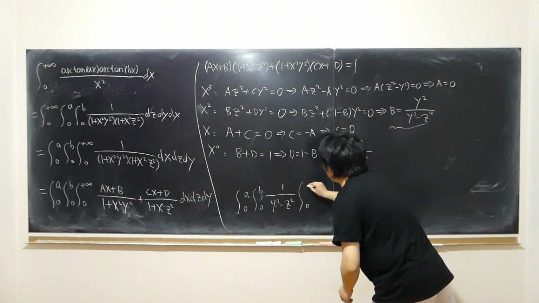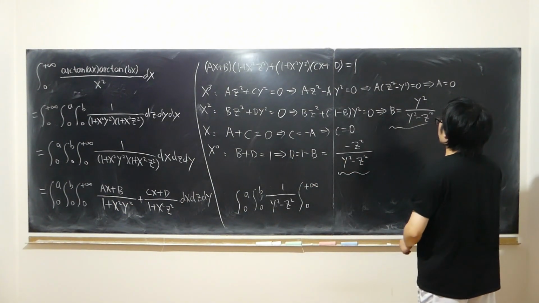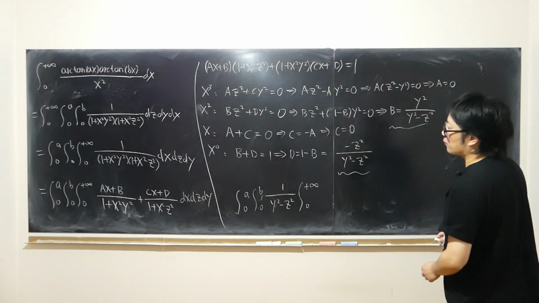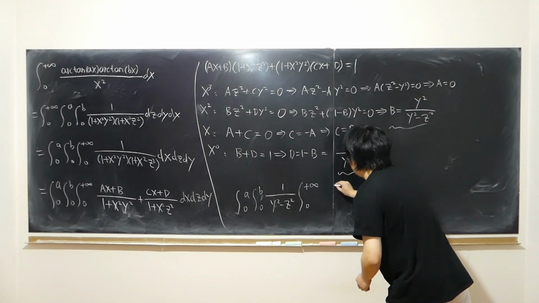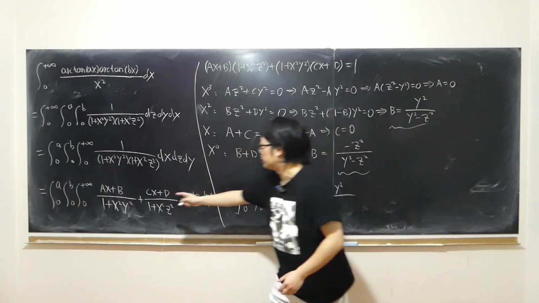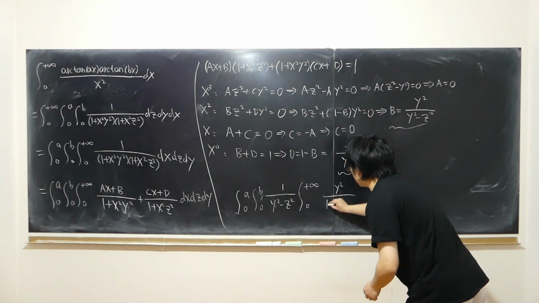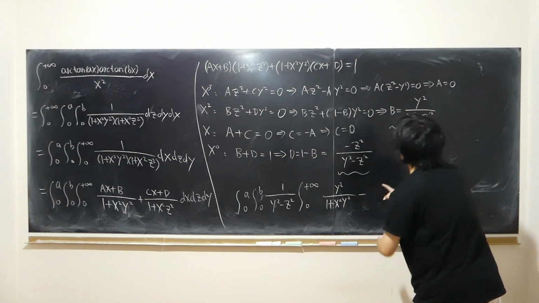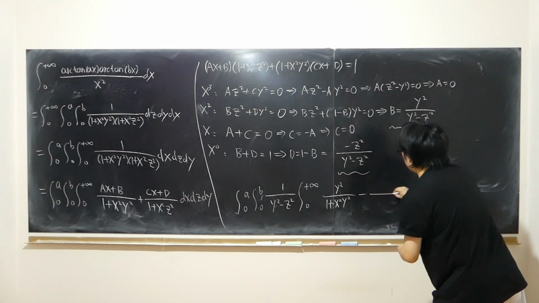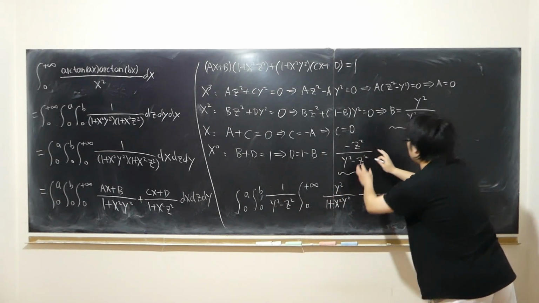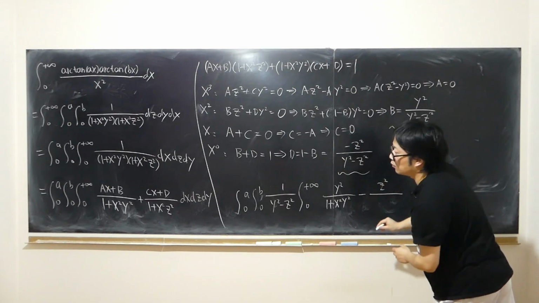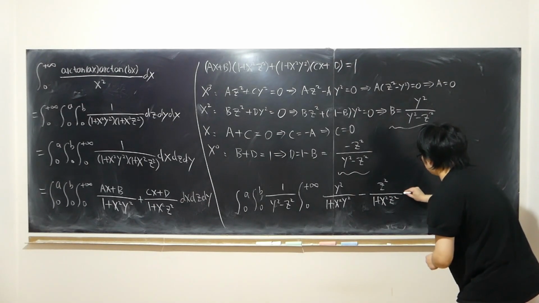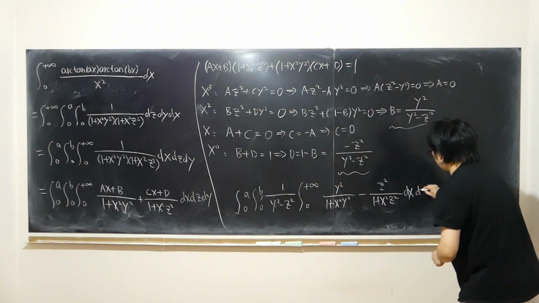Then I do 0 to positive infinity of y squared over, I still have to copy down this one, 1 plus x squared y squared, minus, this bottom is gone, factored out here, z squared over 1 plus x squared z squared. Then dx, then dz, dy.